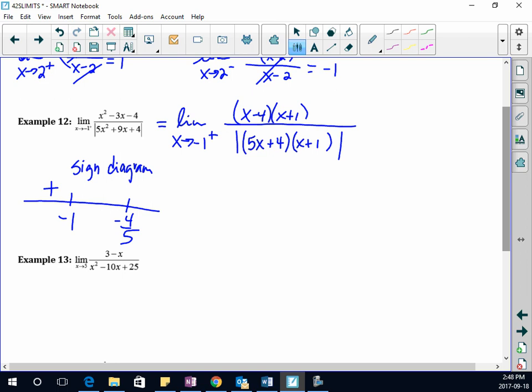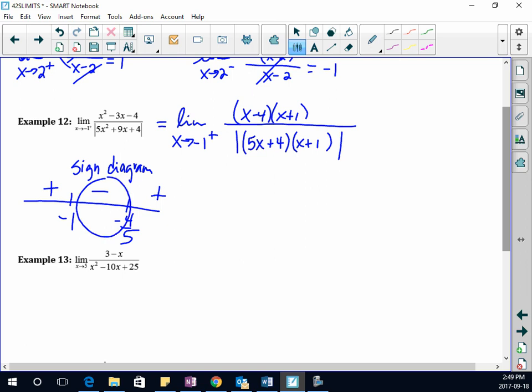Okay, so let's pick something between -1 and -0.8. -0.9. What do I get there? Negative or positive? Negative, positive. So I get a negative. And then if I pick 0 in there, I get a positive. So here's where I caution you, and this is why I was doing this. If I'm coming from the right of -1, it's actually negative.